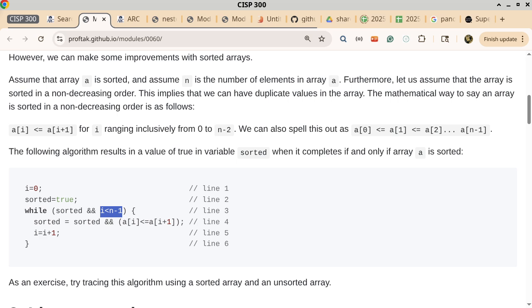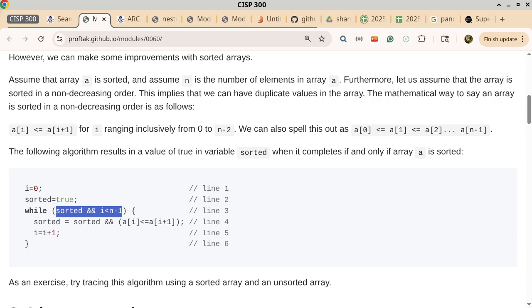When this condition is true, it means we have not reached the end of the array. We are only confirming things one by one, but we haven't really reached the end. So if this condition is true and this condition is true together, what do they mean together? Let me highlight the entire thing.